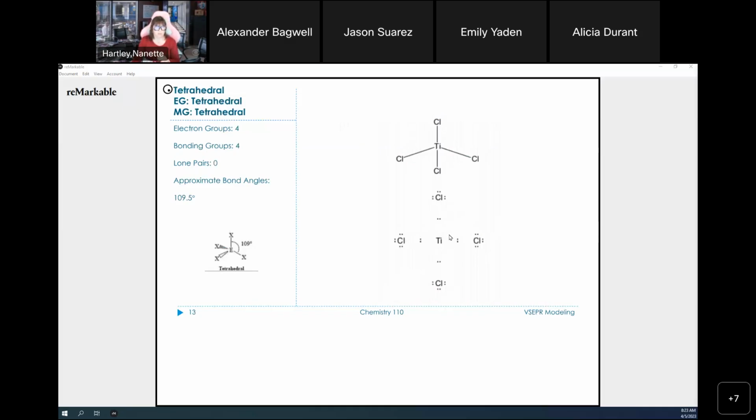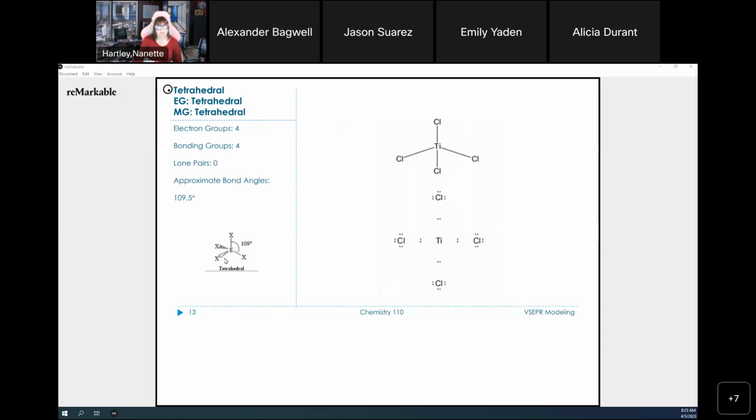So 4 bonding groups. We're going to have a structure that has 3 of these down and 1 up. In 3-dimensional space, that looks like a tetrahedron. That's why it's called tetrahedral. And our bond angle is 109.5 degrees. It's much easier to see this in the 3-dimensional structures.